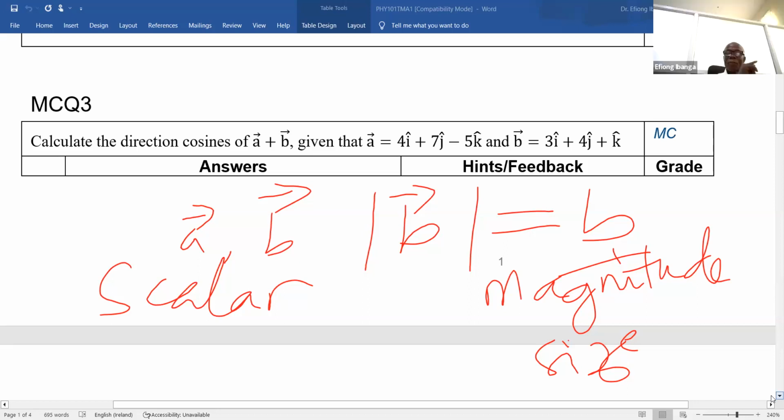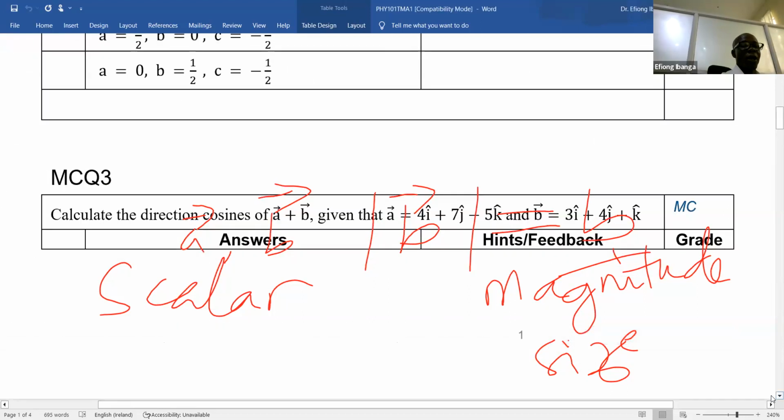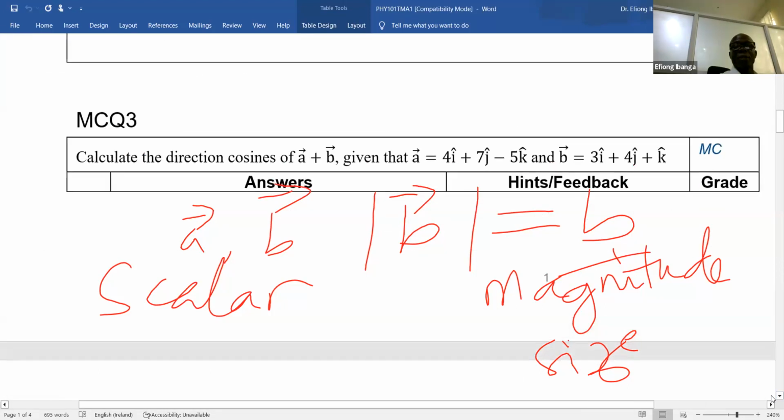First is 2,000, and then what's the unit? Newtons, and I said it's going to be maybe kilonewtons, okay? Newtons or whatever. Then the other one is direction, measured in what? In degrees. So these are the kind of things that I expect you to have at the back of your mind. Now back to the solution, so that we do not deviate too much.